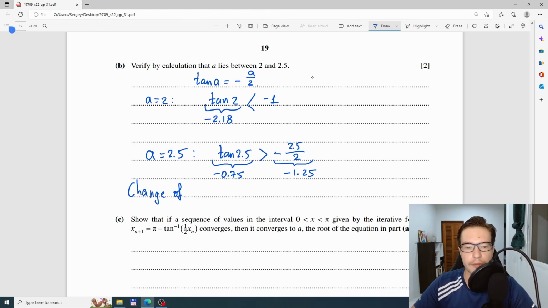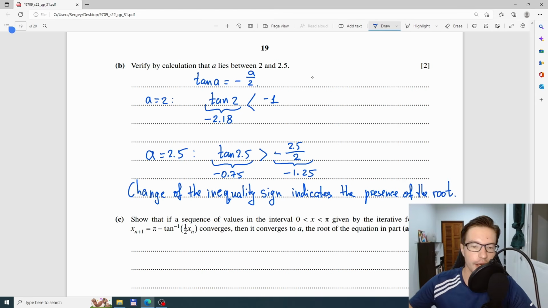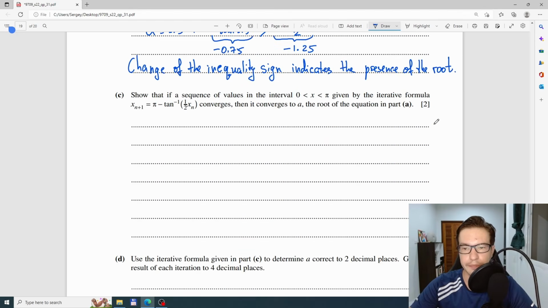Change of the inequality sign indicates the presence of the root. Okay, and we are ready to move to the next question.